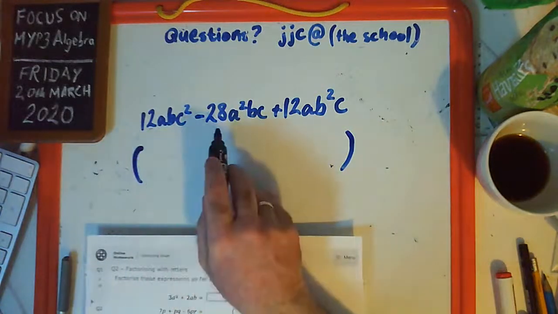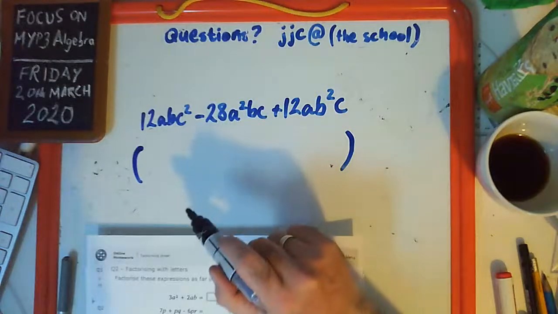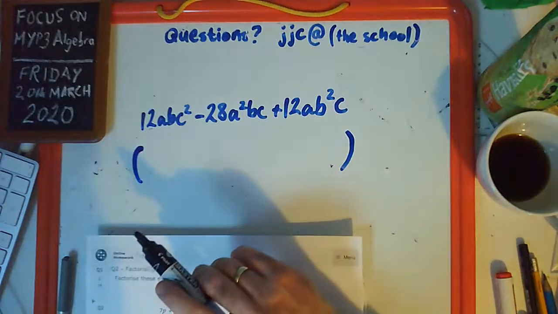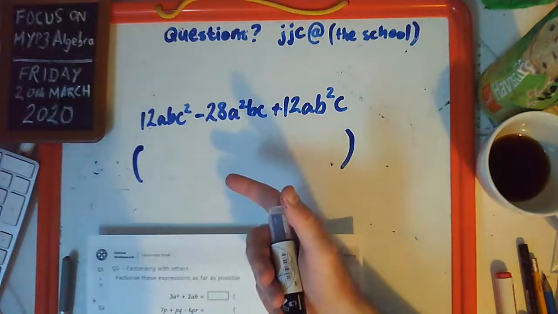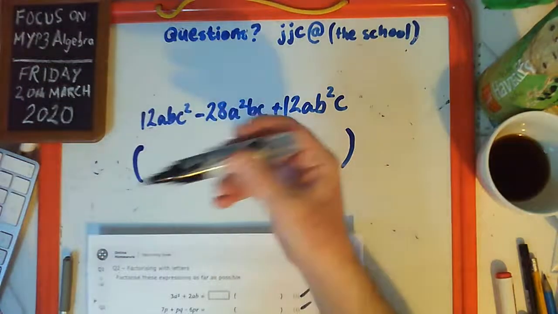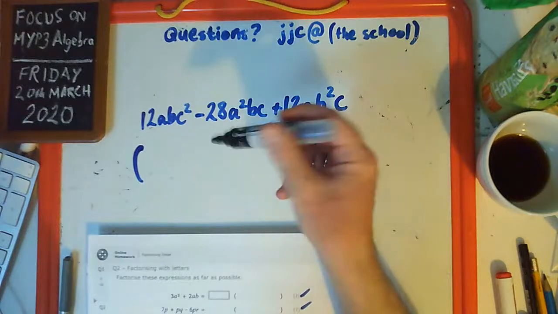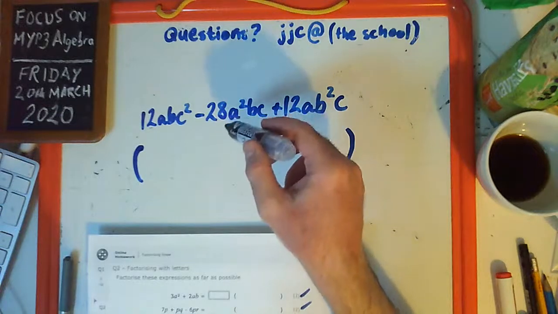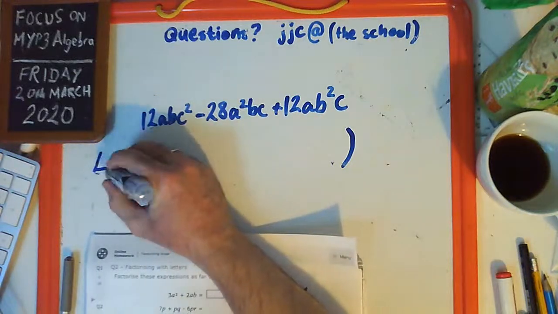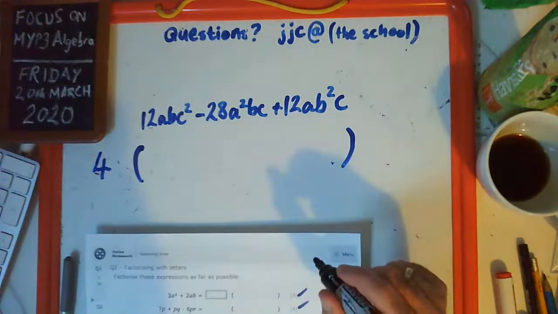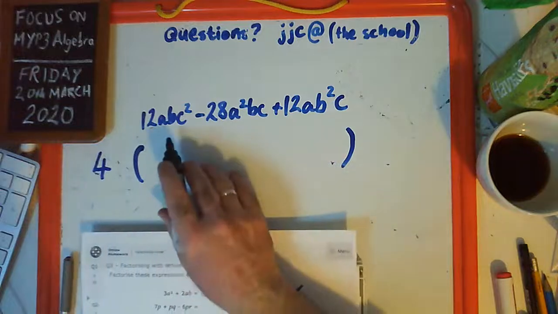So 12, 28 and 12 again can all be divided by 2. They can all be divided by 4. 28 is 4 times 7. 7 is a prime number which doesn't go into 12. So the biggest number you can divide all of those by is 4. Then they've all got a's in them.